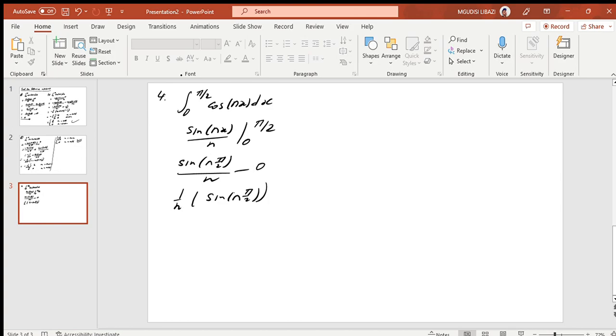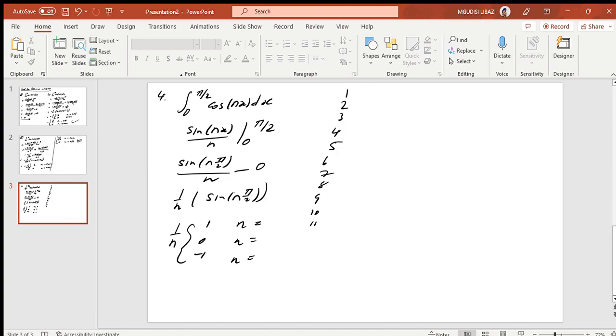Notice that when we substitute values 1, 2, 3, 4, 5 and so on, we're going to have 1 over n. The values that we get from the sine are 1, 0, and -1.